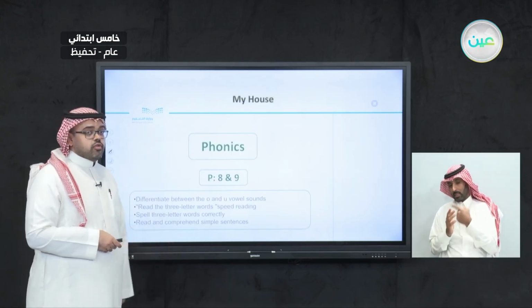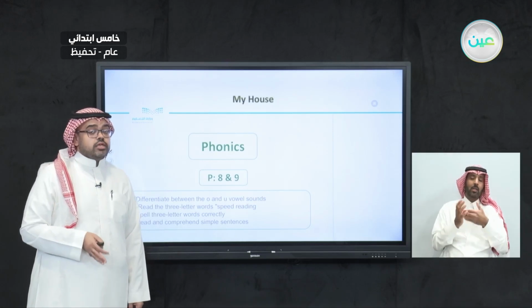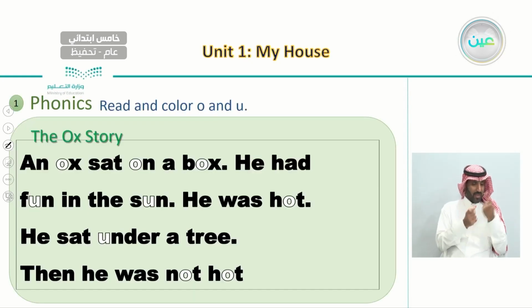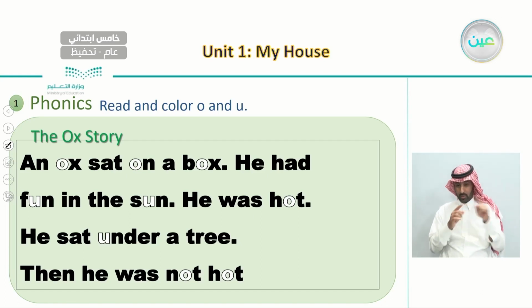After this, in phonics, which is the last lesson we had in this unit, on pages 8 and 9. Our goals with this unit were to differentiate between the O and U vowel sounds, to read three-letter words, speed reading, to spell them, and to comprehend simple sentences. So the first thing we did with this lesson is that we read a story that is called the Ox Story.